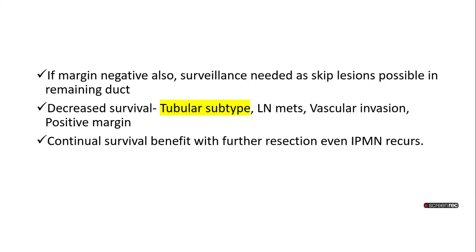Then the survival should be decreased. The one more thing which we should memorize is the tubular subtype. So tubular subtype is having decreased survival. So even in IPMN recurrence, we could go ahead with further resection. So that's what is mentioned in Shackelford. So continual survival benefit with further resection is there, even in IPMN recurrence.